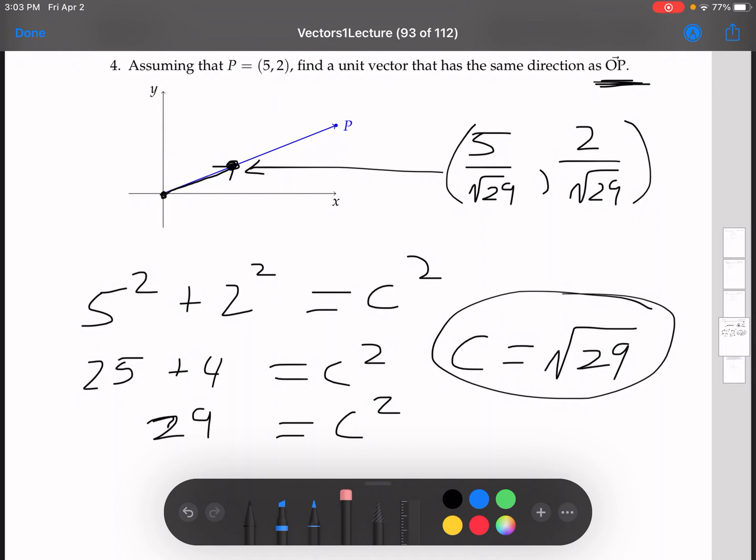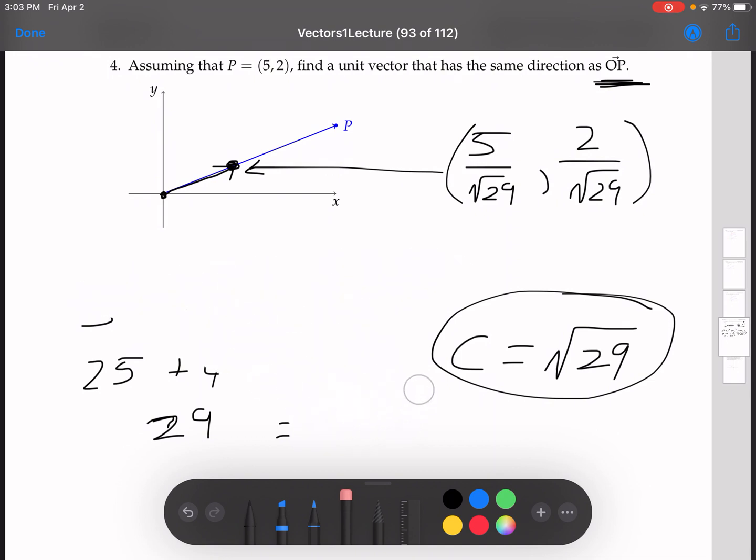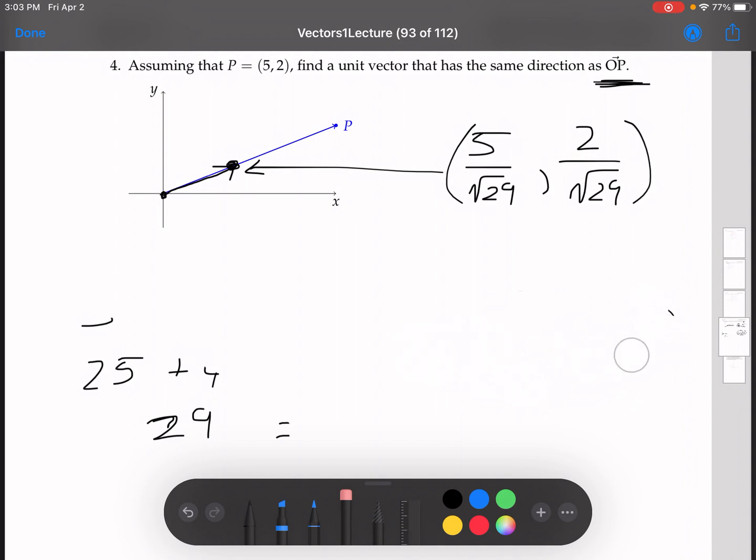All right, so let's see what that is. Let's again draw a triangle. Let me draw it in red here.